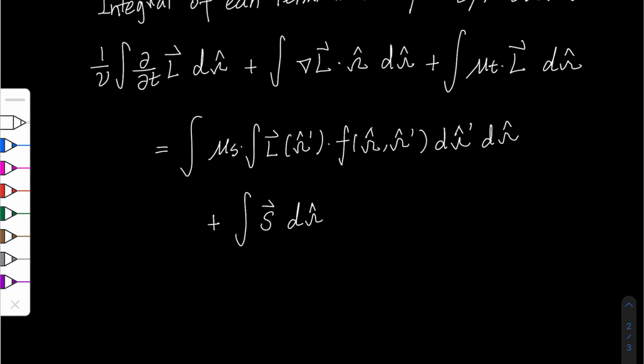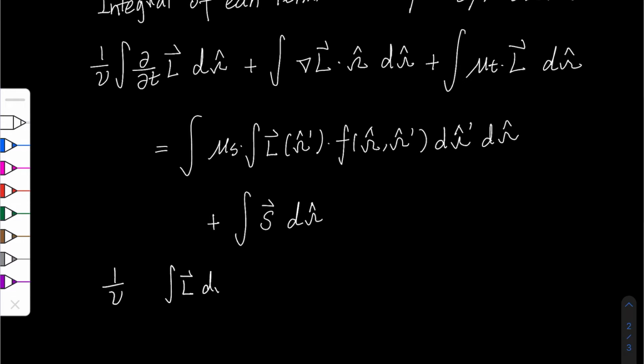For the first term, the integral and the derivative are interchangeable, so we can do the integral of L first, and then take the partial derivative over time t. For the second term, the gradient and the integral are also interchangeable, so we put the gradient outside and then do the integral of L times omega hat.